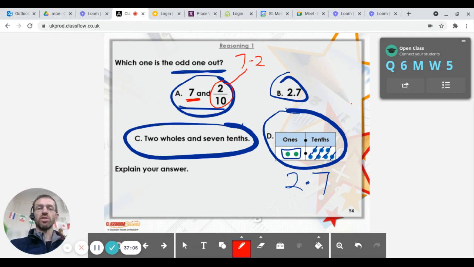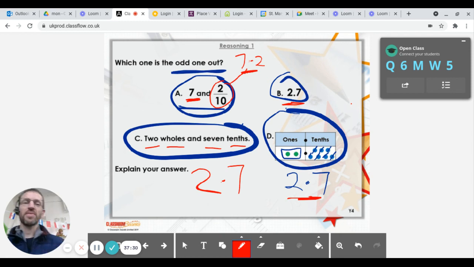Look, I've got 7.2 up here, I've got 2.7, 2.7, and the last one, C, over here says 2 wholes and 7/10. 2 whole ones and 7/10. So which is the odd one out and why? You see it? That's it.